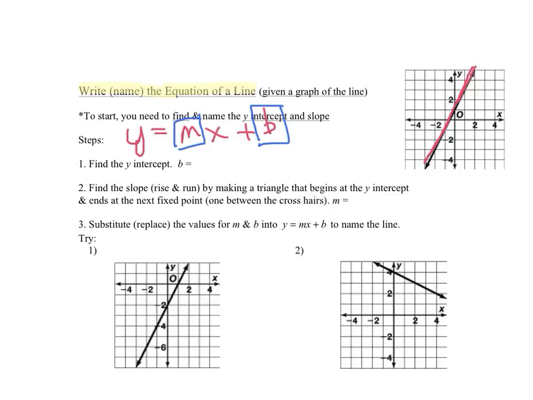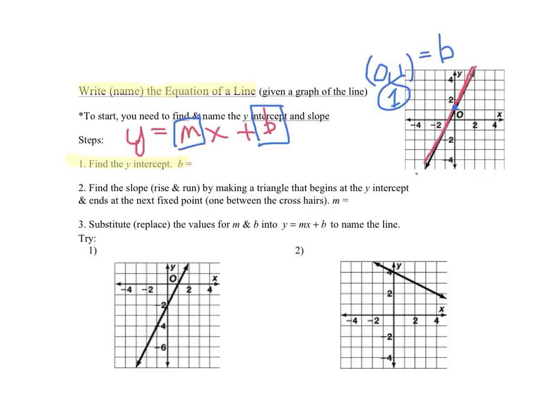So we can start with finding the y-intercept, which is called b. To do that, we look at the graph to determine where our line crosses the y-axis, and it is right here. So I'm going to place a dot right here at the y-intercept, which is the point (0, b). We're actually only going to use the number 1 when we write the formula.